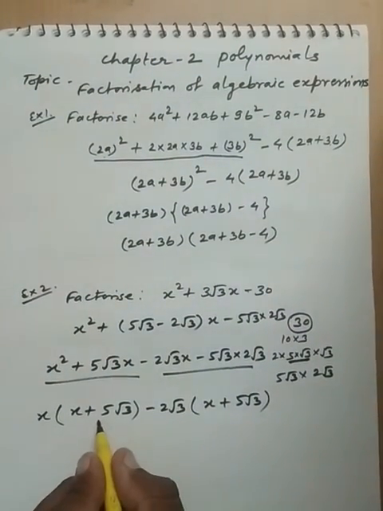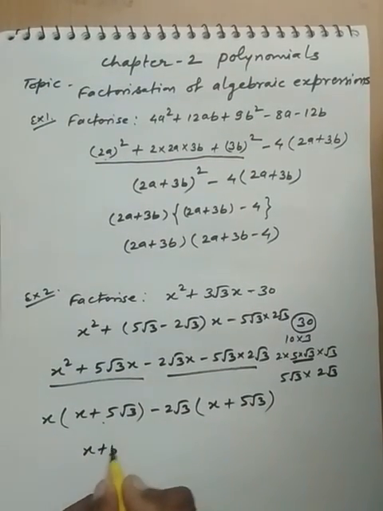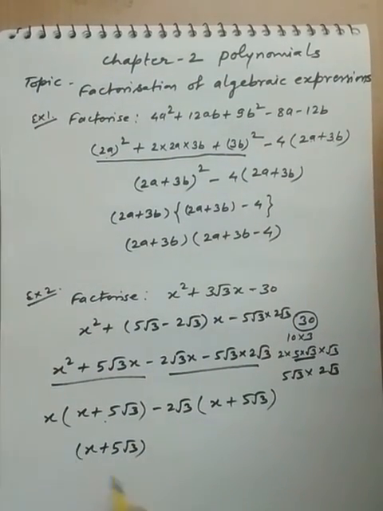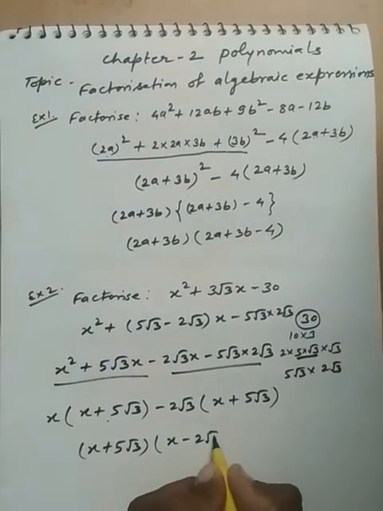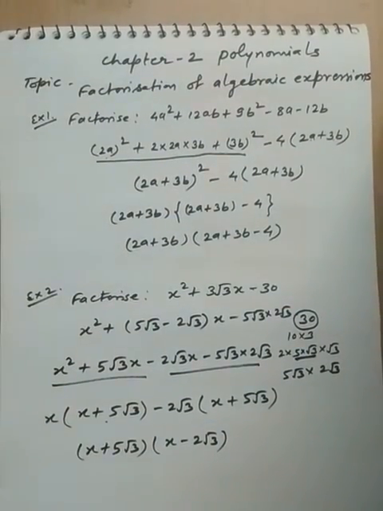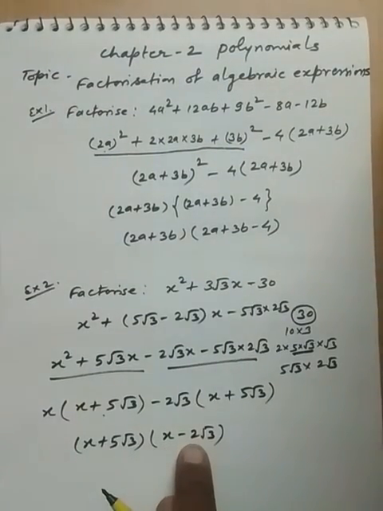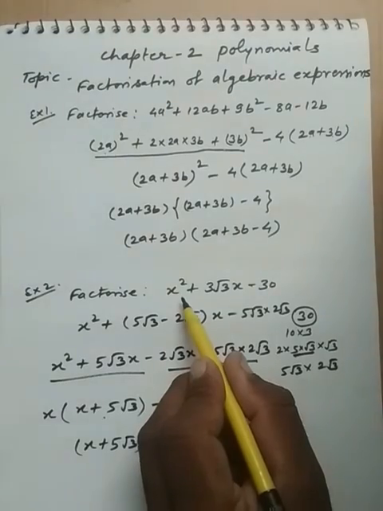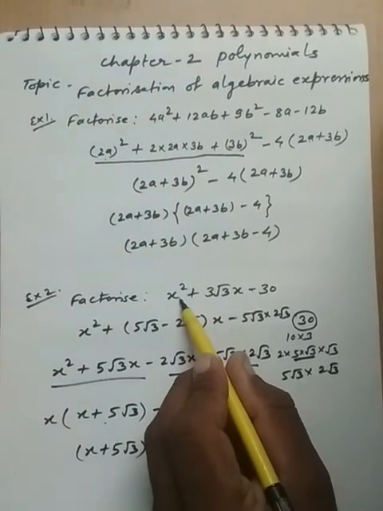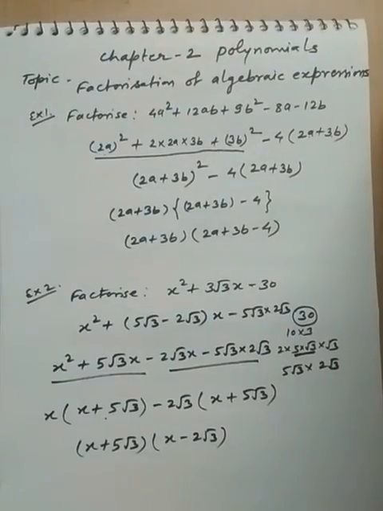Again, (x + 5√3) is common, and the remaining term is (x − 2√3). So (x + 5√3) and (x − 2√3) are the two factors of the given algebraic expression x² + 3√3x − 30.